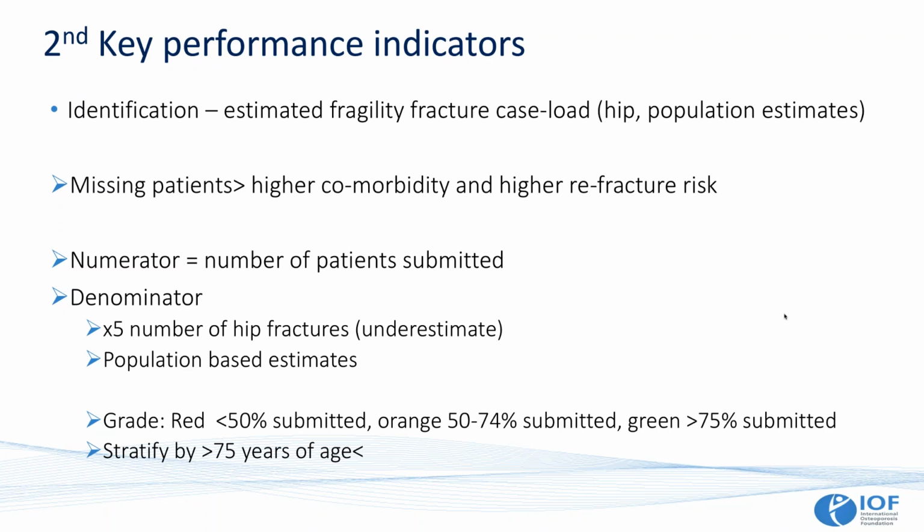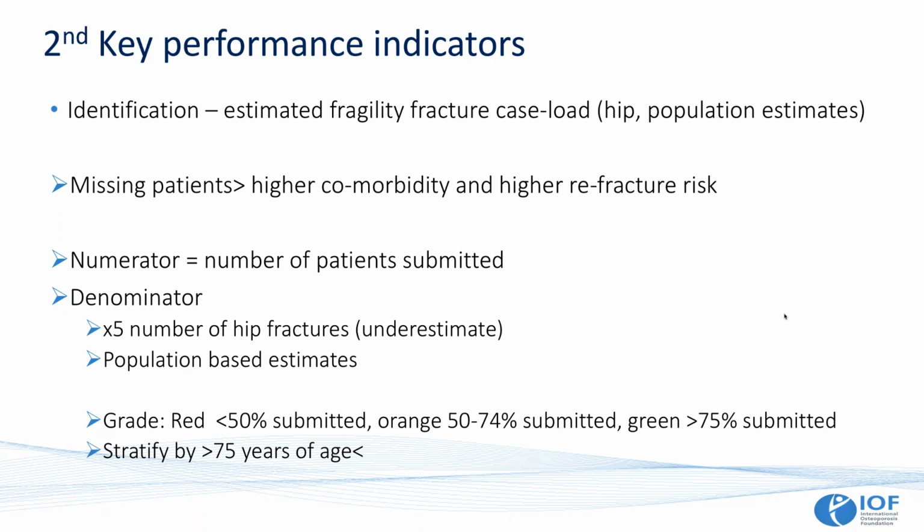There are different ways to calculate this, and a very easy way that many centers have used, and it's probably an underestimate when you think of the current rate of vertebral fractures, but it's 5 times the number of hip fractures. So if your hospital sees 500 hip fractures, then the total number of patients that your FLS should be seeing in that year should be 2,500, and that includes the hip fractures.